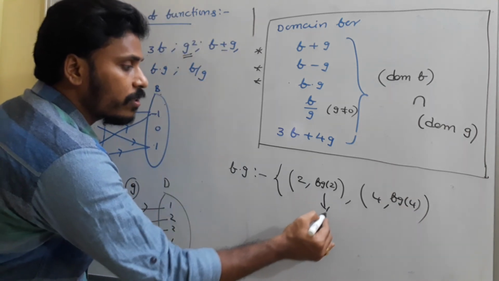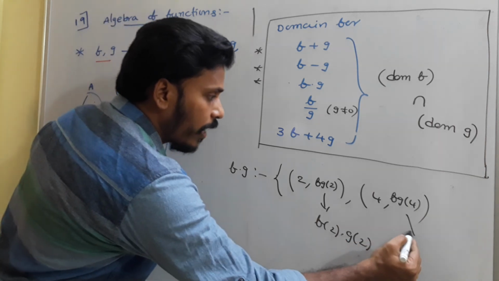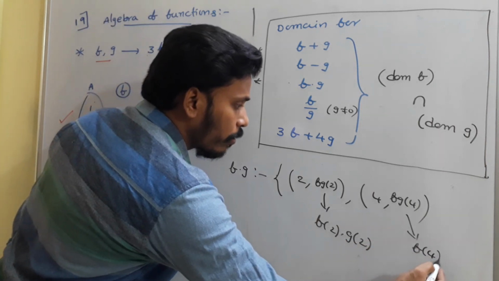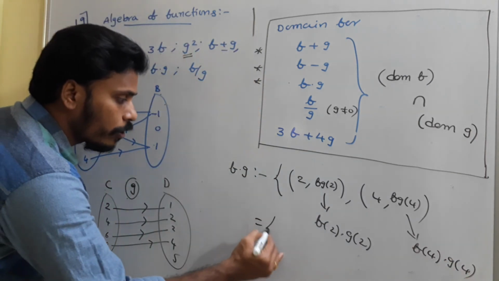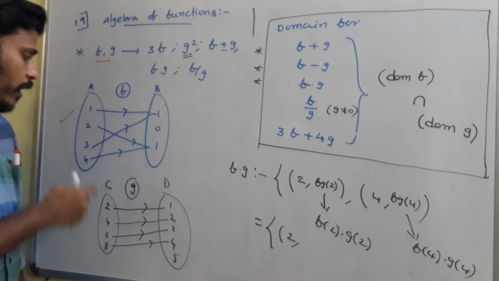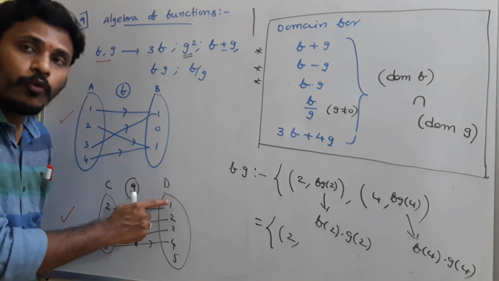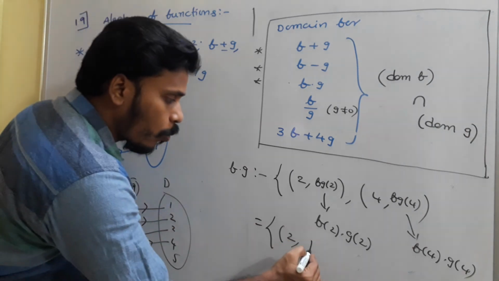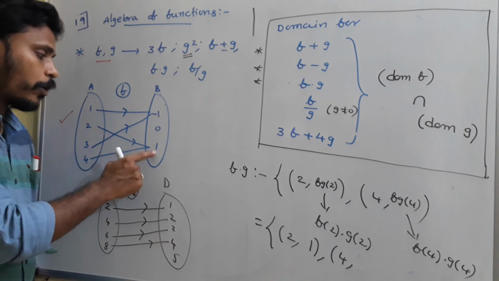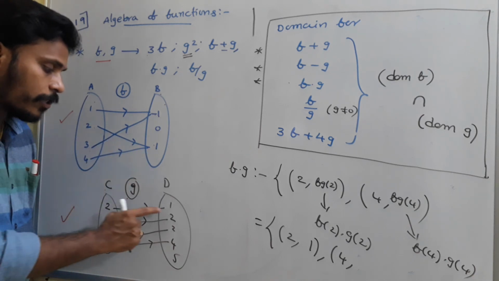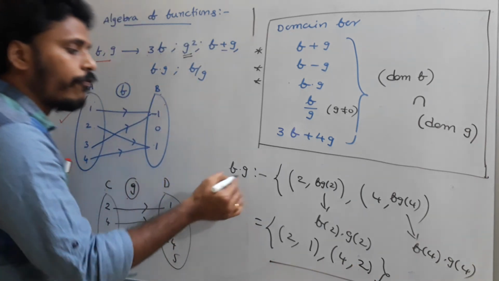So fg of 2 is f of 2 into g of 2, and fg of 4 is f of 4 into g of 4. And this is equal to the ordered pair 2, f of 2, the image of 2 is 1 with respect to f, g of 2, the image of 2 is 1 with respect to g, 1 into 1 is 1, then 4, the image of 4 with respect to f is 1, the image of 4 with respect to g is 2, 1 into 2 is 2. So this is f into g.